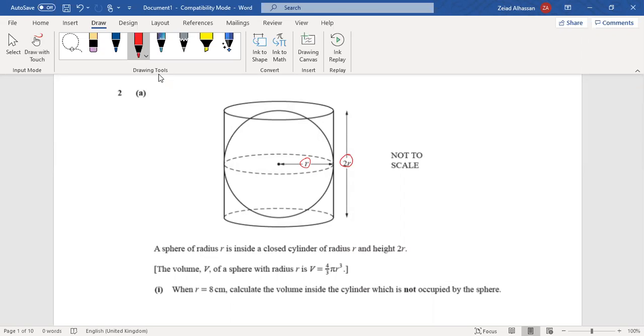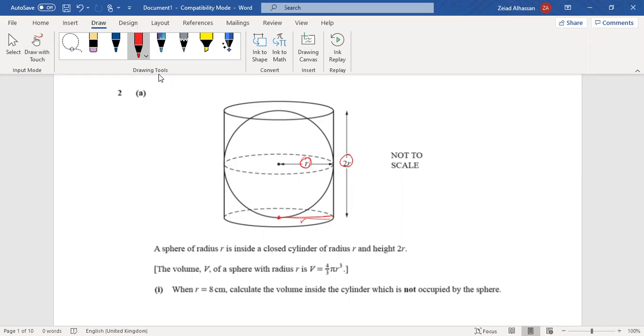The cylinder goes from the center to the edge, the center of the base of the cylinder. This radius is the same as the radius of the sphere, because the sphere is exactly inscribed inside the cylinder.